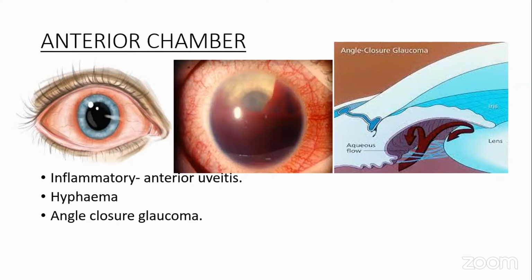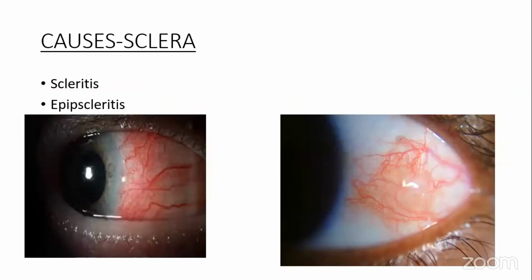Sometimes they may even complain about nausea or the feeling of wanting to vomit. Some actually do vomit. When you examine them, you realize that their pressure in the eye is really high. The anterior chamber is shallow. That form of red eye is from angle closure glaucoma.